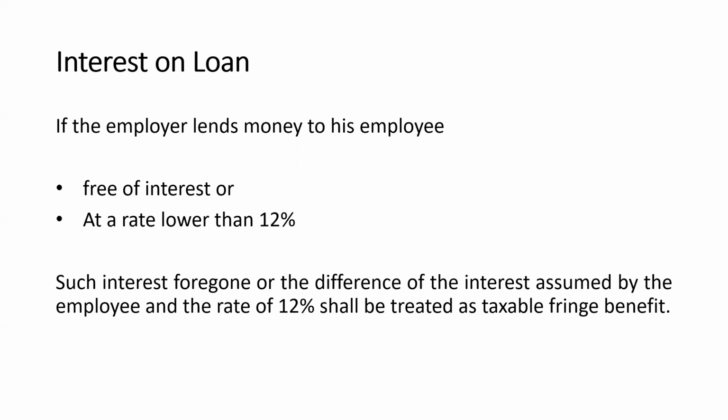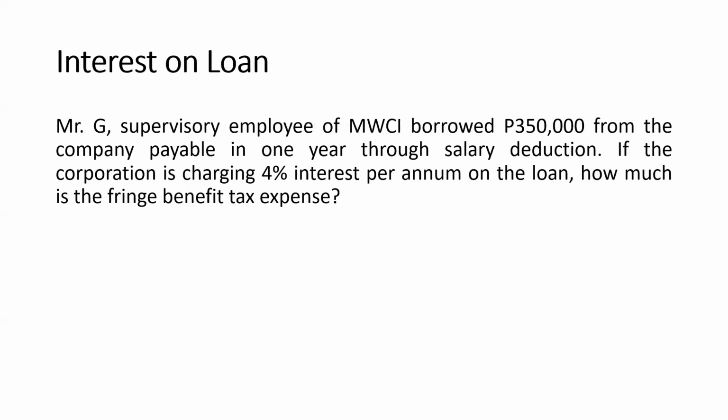Sa nagpa 5-6, 20% yun eh. Ito, lower than anong benchmark? 12%. So pag mas mababa sa 12% yung pautang ni employer sa kanyang employee, the difference shall be treated as taxable fringe benefit. Halimbawa ito, nag-charge yung employer ng 4%.